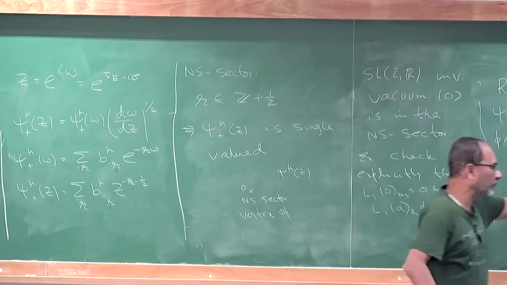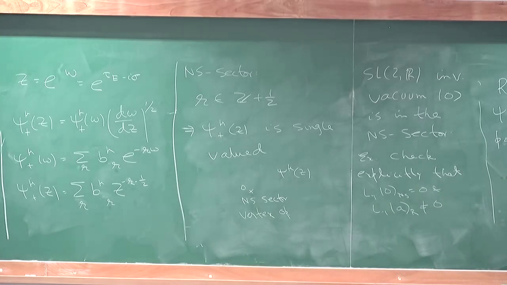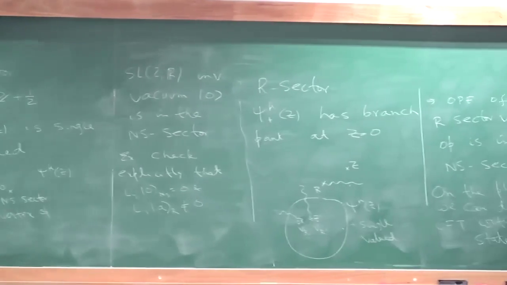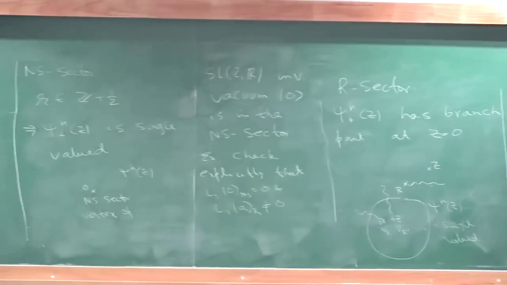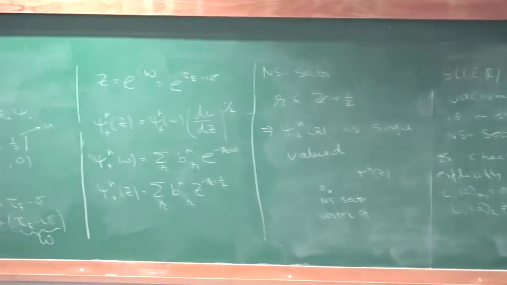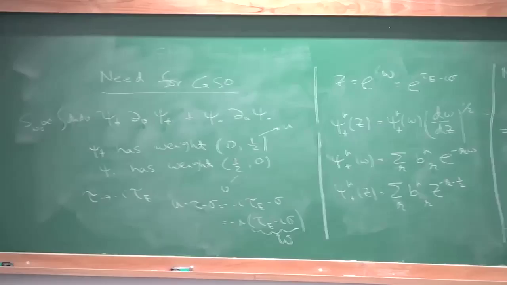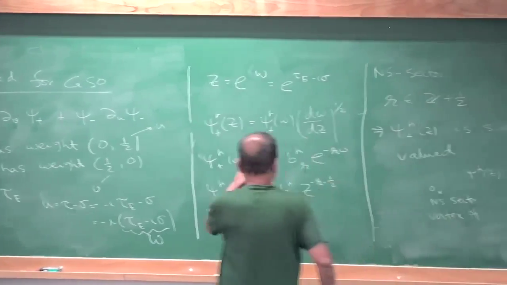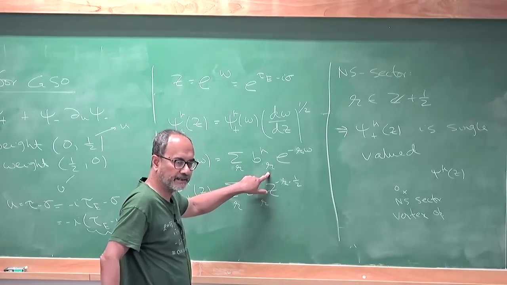Right now we are doing free field theory, so there is a confusion. But the fact that you have to include NS sector states means that from the cylinder viewpoint, you have to include antiperiodic boundary conditions. Is this clear? Because the NS sector was antiperiodic, with half integer moding.